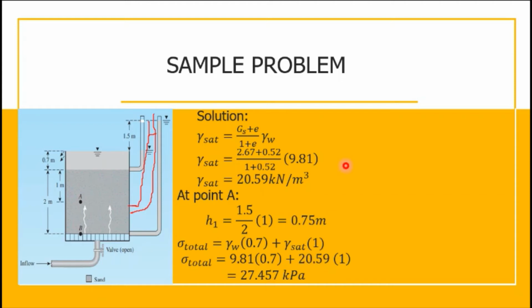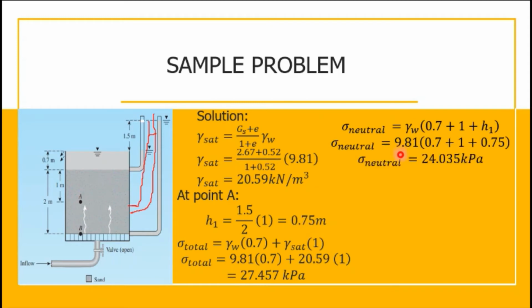The neutral stress at point A is equal to the unit weight of water multiplied by 0.7 plus 1 plus the seepage at point A, which is H sub 1. We already solved for the seepage, which is 0.75. So we just have to substitute the value, and this will give us the neutral stress, which is equal to 24.035 kPa.